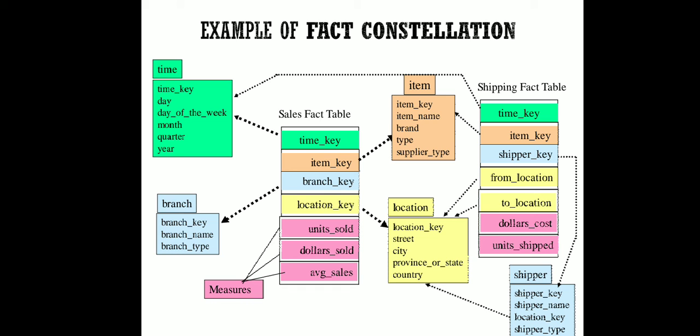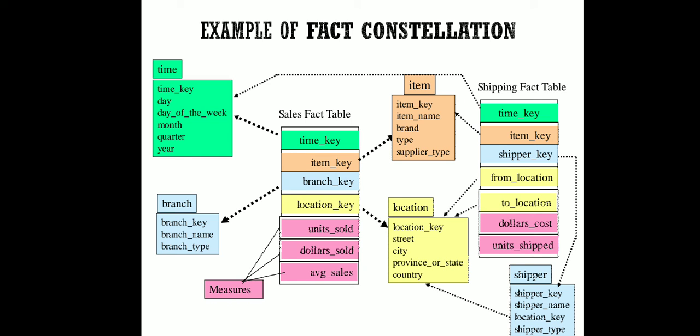Now you can see here both the fact tables can share an individual dimension table. Let us say here the time key. The time key of both the sales fact table and the shipping fact table are using the same dimension table. There can be some separate dimension tables which are dedicated to a particular fact table. As for example, say the branch key.